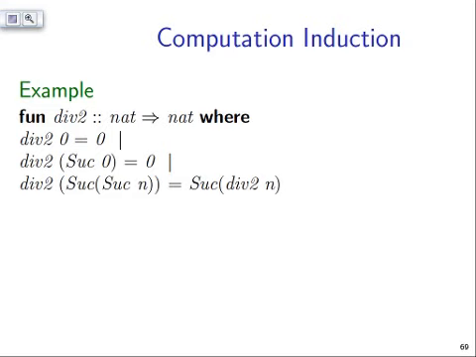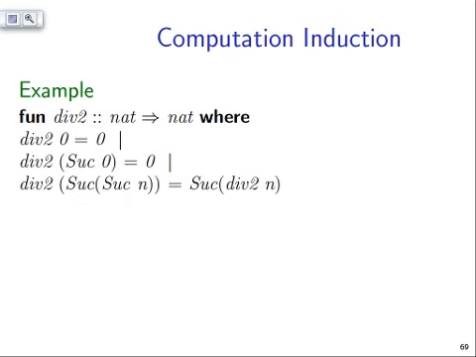On 0 it's 0, on 1 it's also 0, and on suc of suc n it's suc of diff2 of n. So you actually peel off 2 constructors, and then you put the successor outside. So that's a recursive definition of division by 2 on natural numbers.